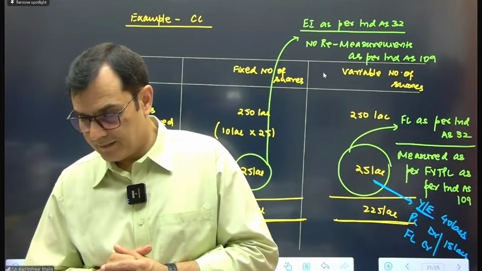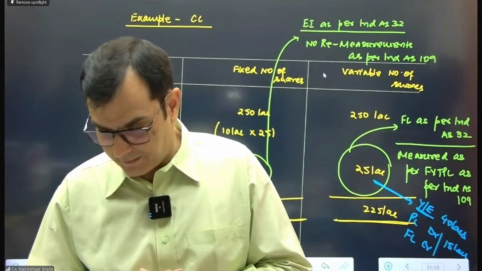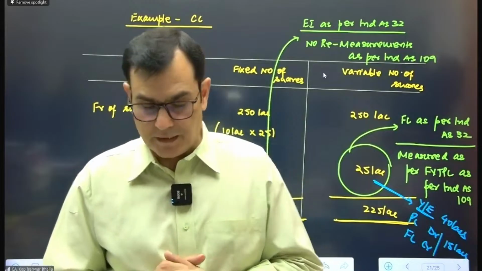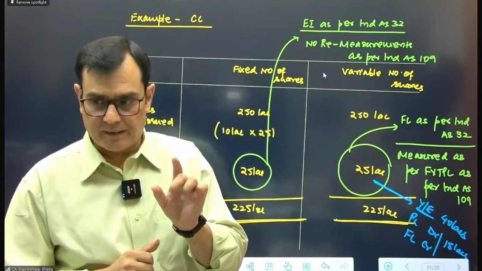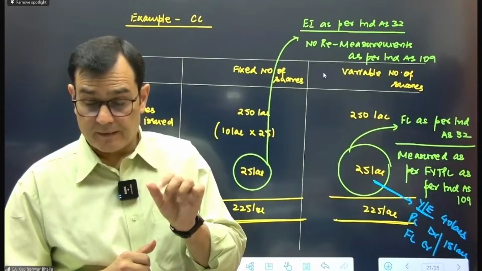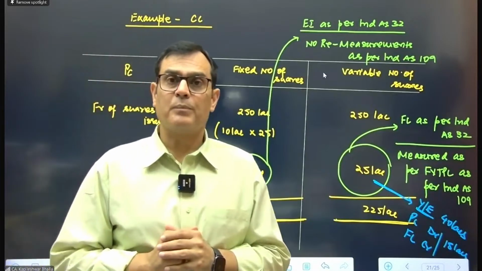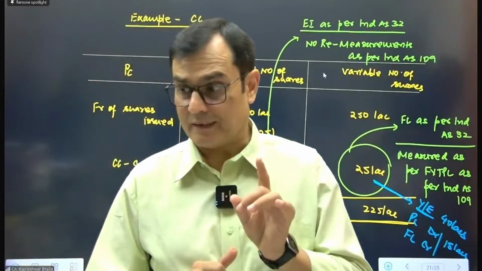Sir, in case of SBP, non-replacement, why is NCI created? Okay, in case of SBP, non-replacement, why do we credit NCI as a part of the purchase consideration? Is that the question, right?